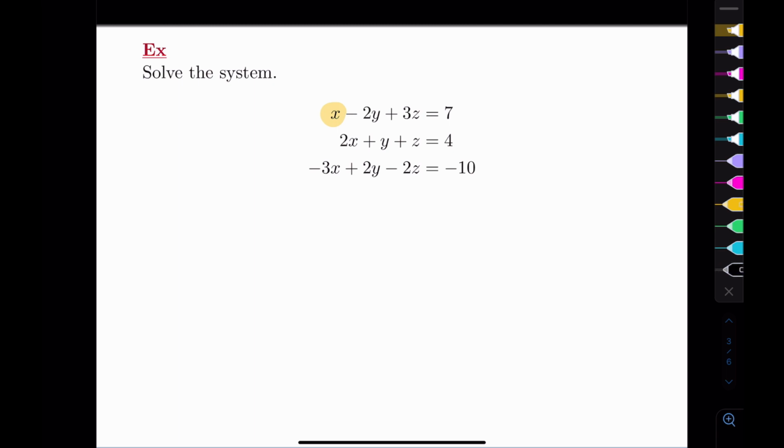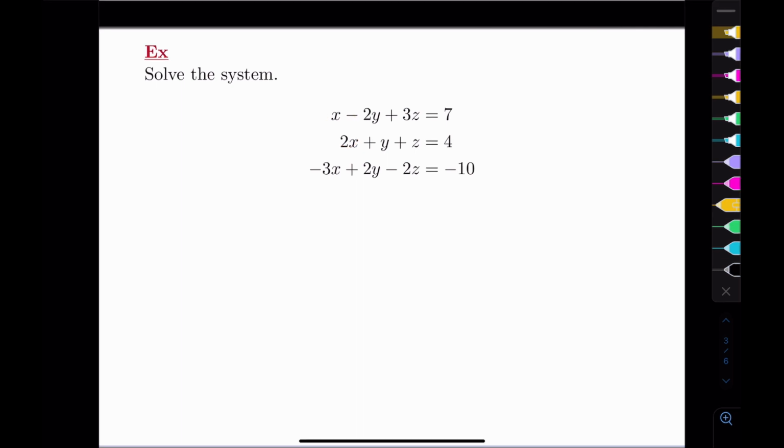What I want to do first is eliminate it with the second. So I need a negative 2 out front to make these 2 cancel each other. To get rid of that x, we're going to do negative 2 times the first equation, and add that to the second equation.